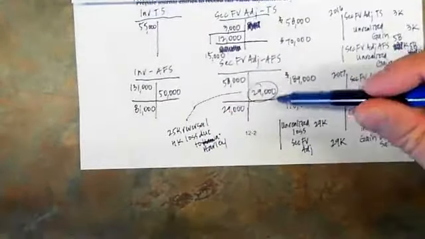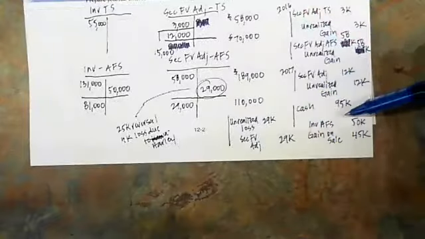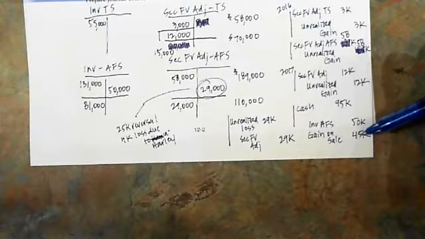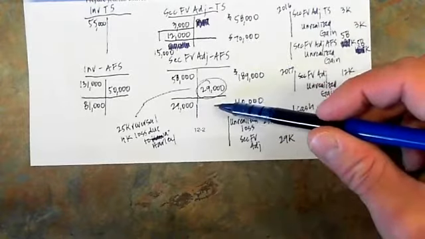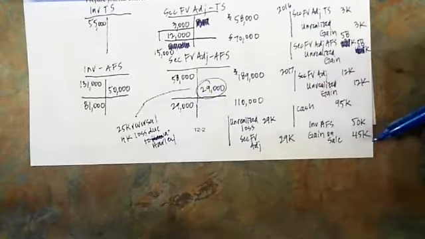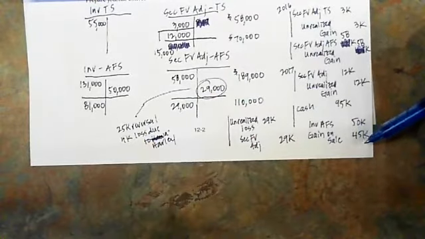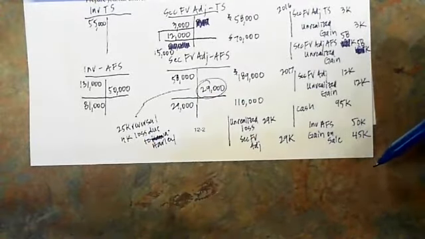So there's two things that are moving in this, and that's why we just record this gain on sale, even though we recognized $25,000 of this gain in a prior period as OCI, because we're going to reverse that out and now recognize the whole gain in net income. And that's where this gets a little tricky.